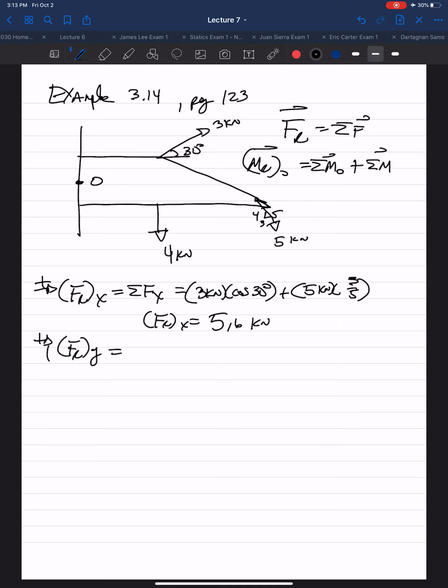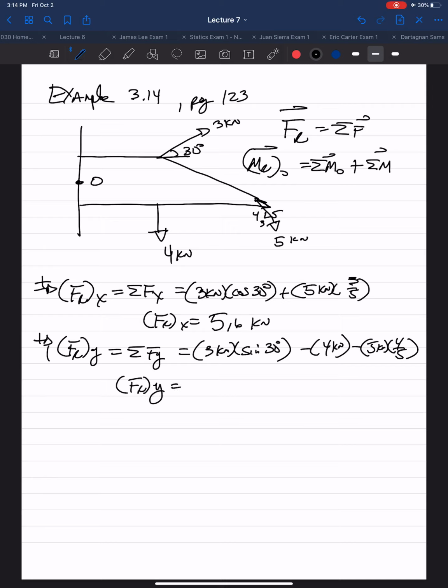Sum of forces in the y direction. That'd be the 3 kilonewton force times the sine of 30 minus 4 kilonewtons minus 5 kilonewtons times the 4/5 leg ratio. This gives you 6.5 kilonewtons.